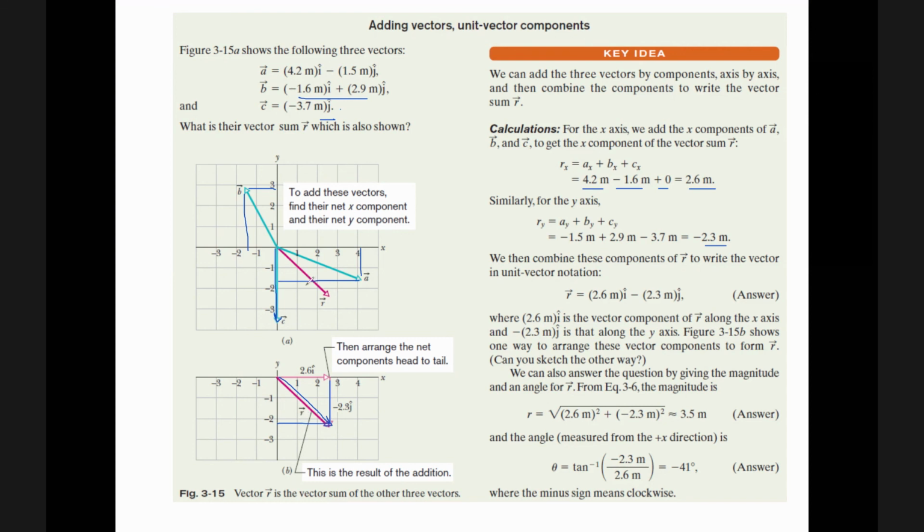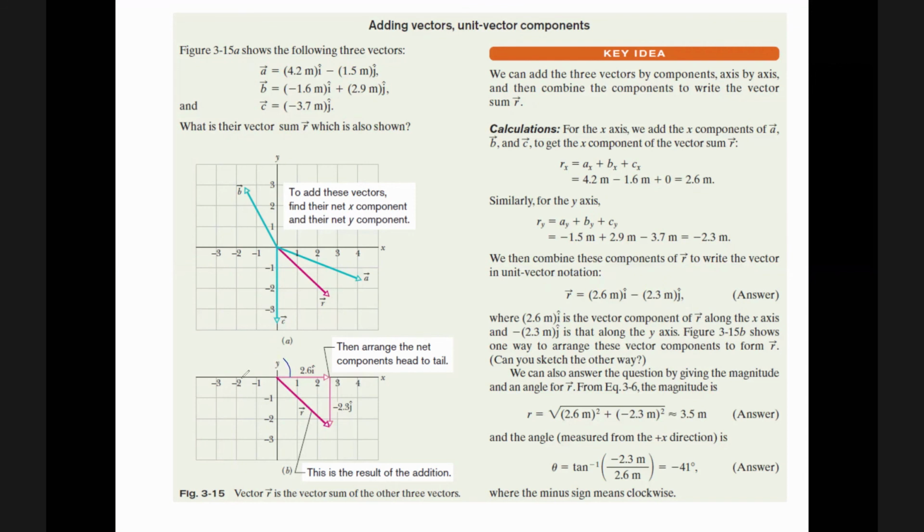Then find the magnitude of R, the length of R. What should I do? This is the vector R. Now this is Rx, and this is Ry. What is the magnitude of R? Square root of the first squared plus the second squared, 3.5. So the length of this vector R is 3.5 meters. And what is the angle of vector R? Here you have two choices.